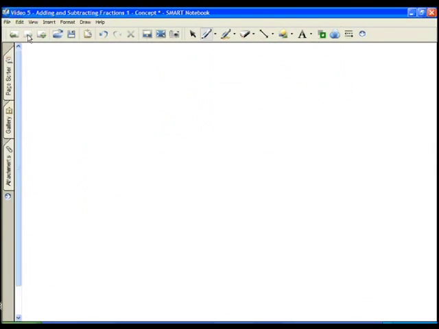Now let's take a look at some practice problems with adding and subtracting fractions. Let's take a look at 5/8 plus 1/8. When we're adding fractions or subtracting fractions, the first thing we have to make sure of is that we have a common denominator.